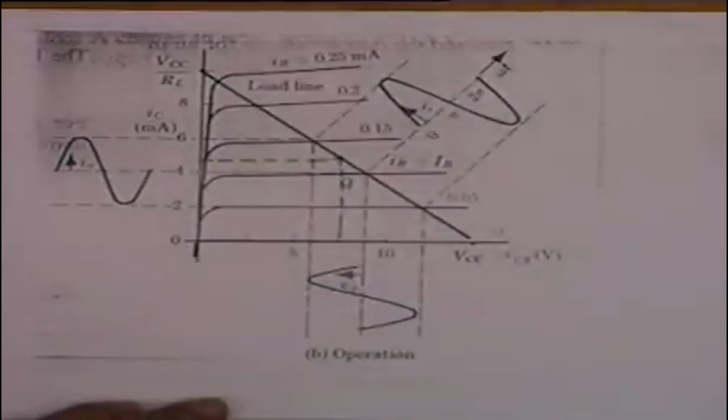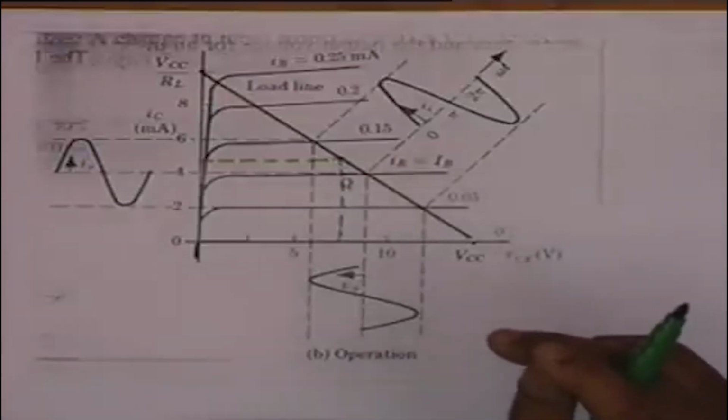The resistance is 125. No. How much? This is 10 milliampere and this is 15 volt. So 15 divided by 10. 1.5K. Alright. We know this load.